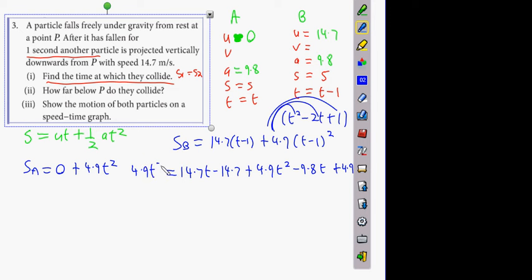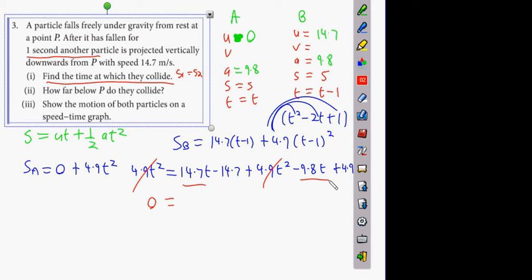Now guys, what do we know about the 4.9T squared? It's on both sides, so you can sort of get rid of that. And then we're going to have 0 equals, we need to combine these together. So what's 14.7 minus 9.8? Anybody know? 4.9?